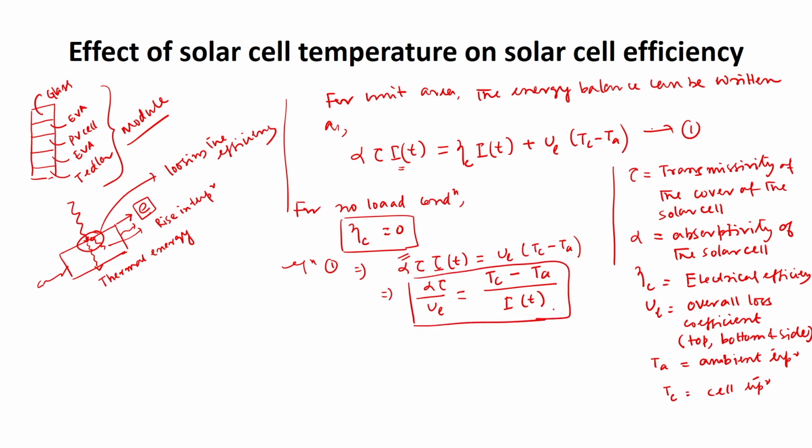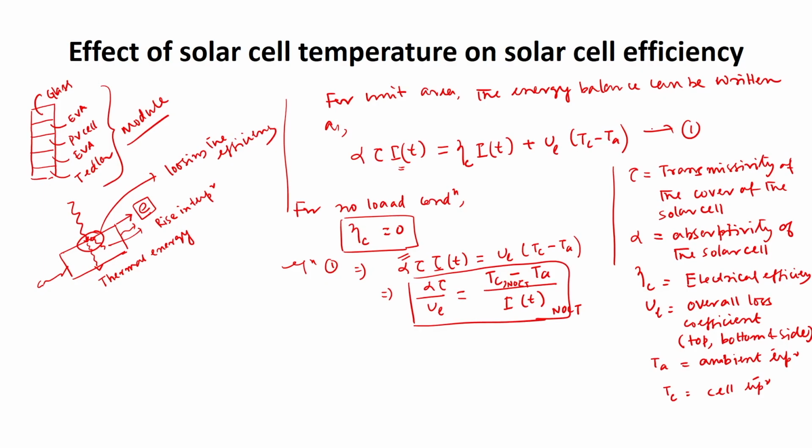This is actually NOCT. What is NOCT? It is the nominal operating cell temperature, which is nothing but the temperature of the solar cell corresponding to 20 degrees Celsius, 800 watt per meter square irradiance, and 1 meter per second wind speed, and at no load condition.